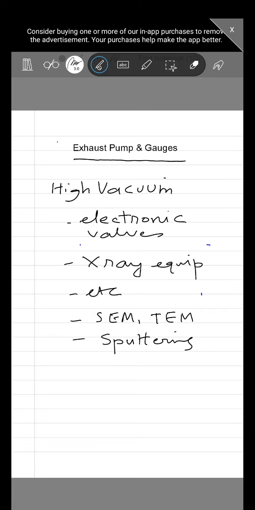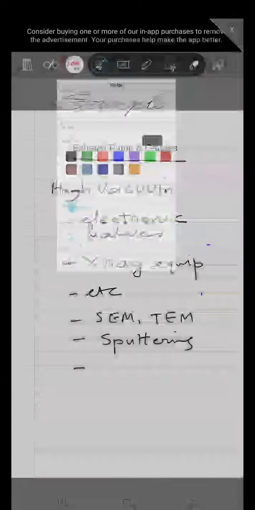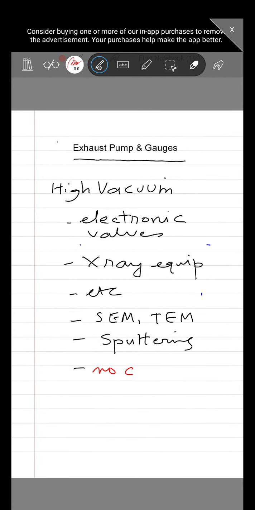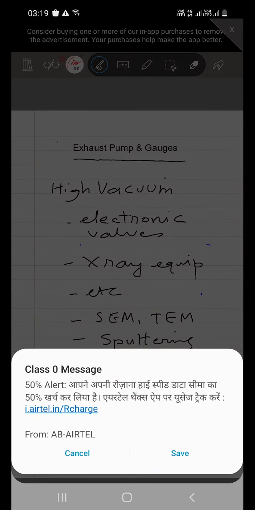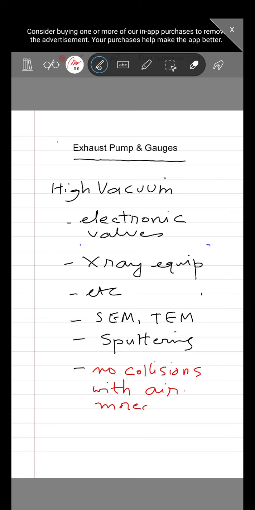Whenever we need a system having fewer impurities, or a system where we don't want any scattering or collisions with air molecules, we use high vacuum.